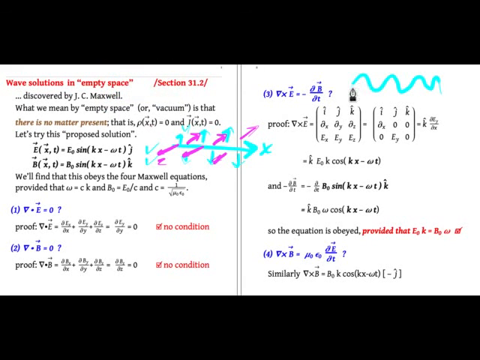You have a magnetic wave which is pointing in the z direction. The wave is traveling in the x direction.